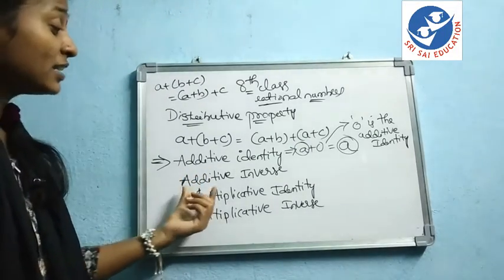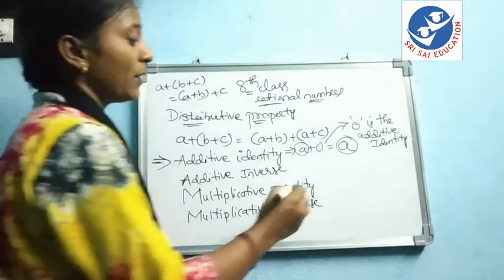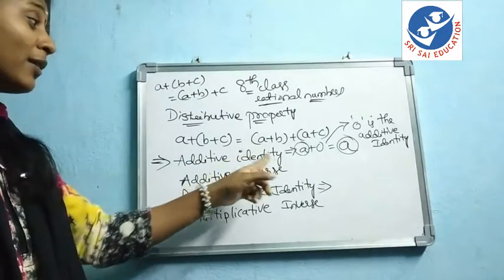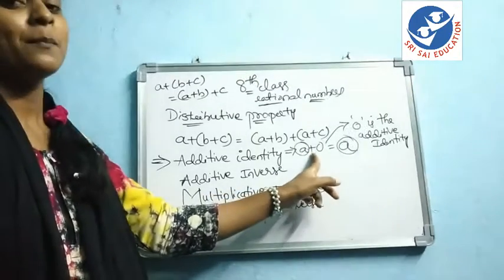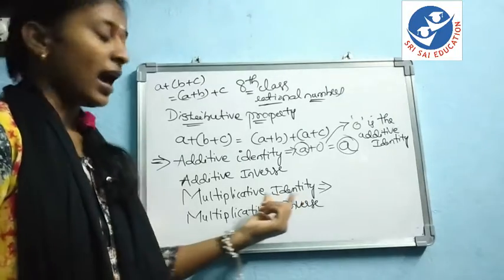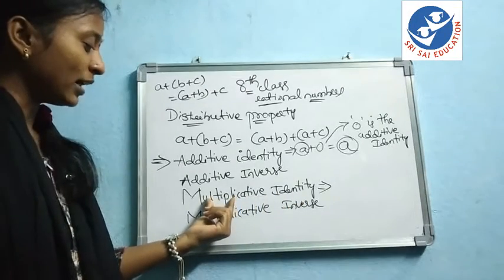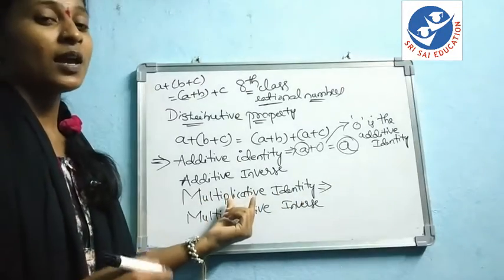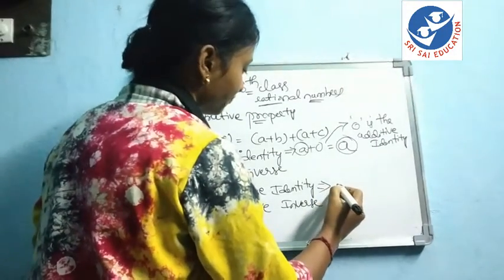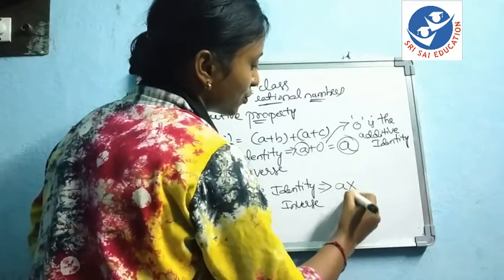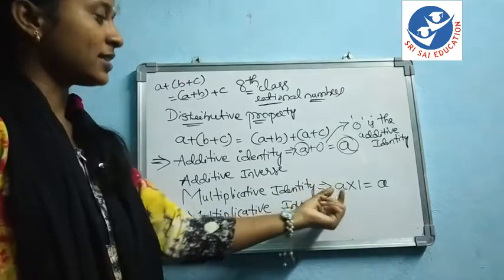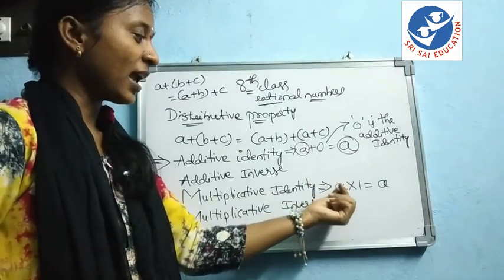And multiplicative identity. Additive means addition, we use the plus symbol. In multiplicative identity, automatically we know that it is multiplication, that is into. We take a into 1, that is a. In this we observe a into 1.